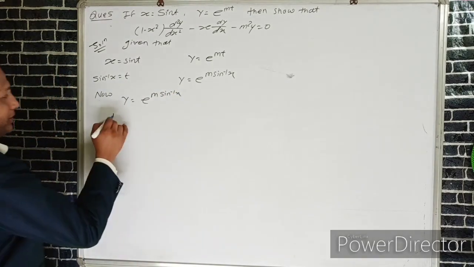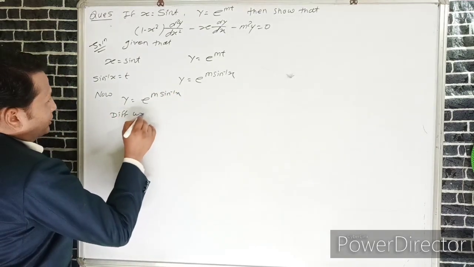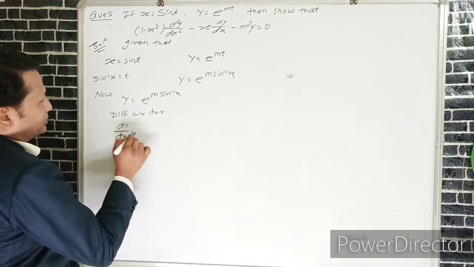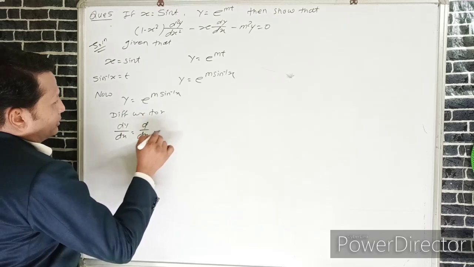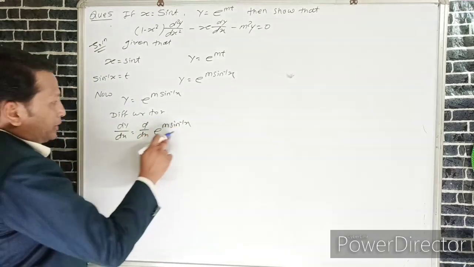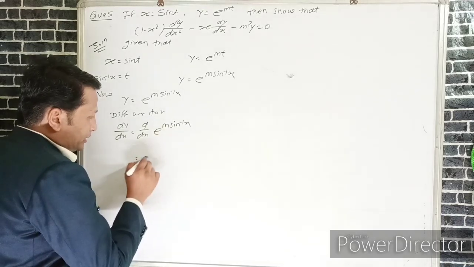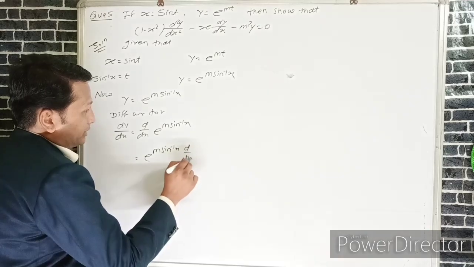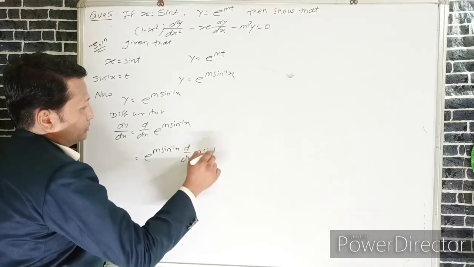Now if we differentiate directly with respect to x, then we can write dy by dx is equal to the derivative of e to the power m sin inverse x. By using the rule of the derivative of e to the power x, we can write e to the power m sin inverse x, but we take again a derivative of m sin inverse x.